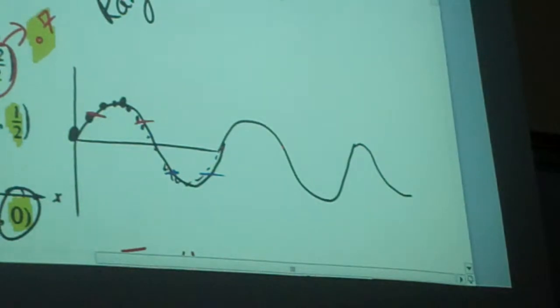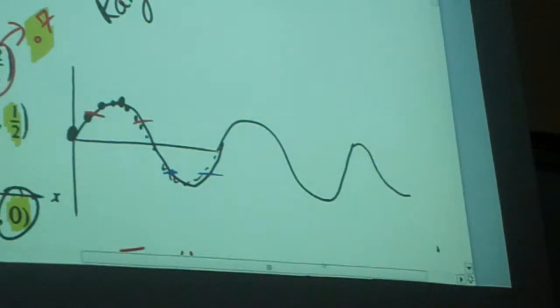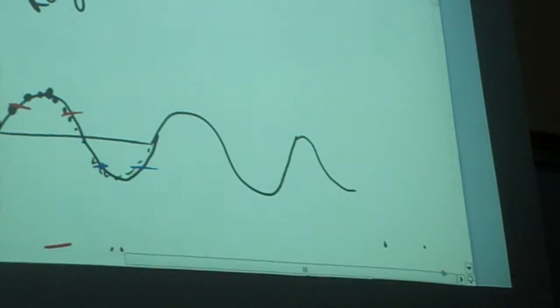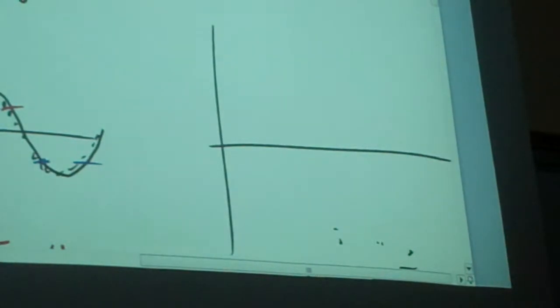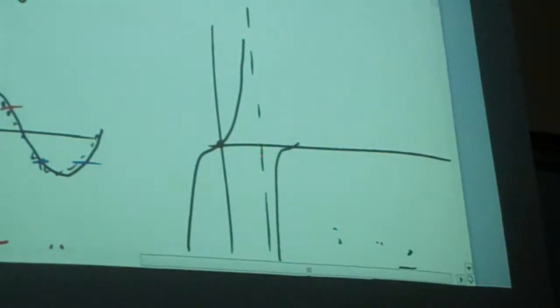All right. Do you know how to find an angle using your calculator? Probably. What about for tangent? Tangent is something a little bit special, because tangent is y over x. You're not going to need to know the graphs for this, but they have asymptotes that will look like this.